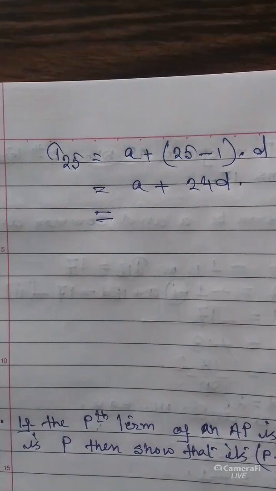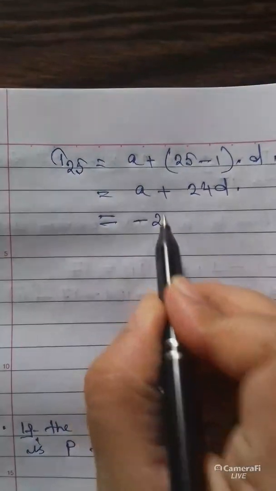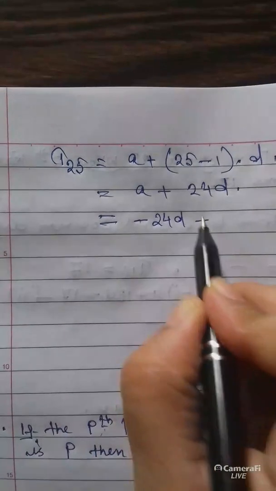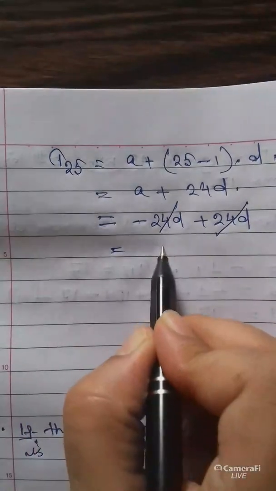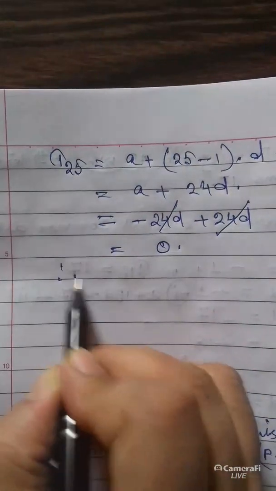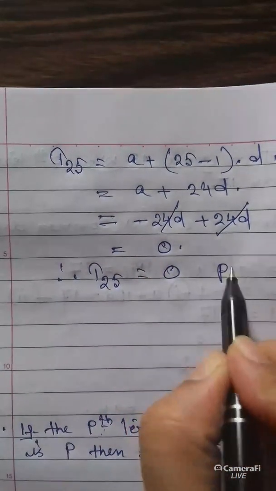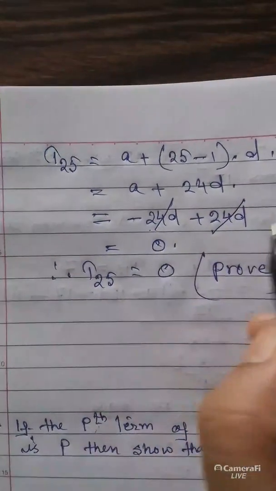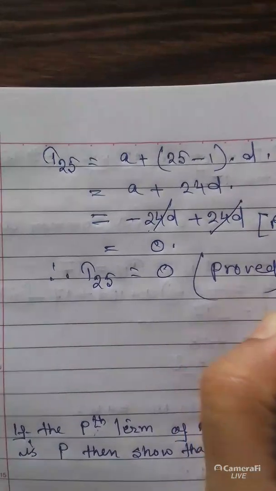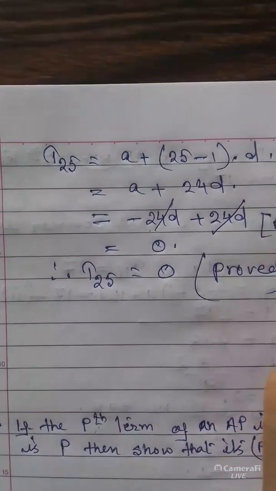Now we have already found A equal to minus 24D. Put the value of A, 24D cancel, 0. Therefore T25 equal to 0. Proved.